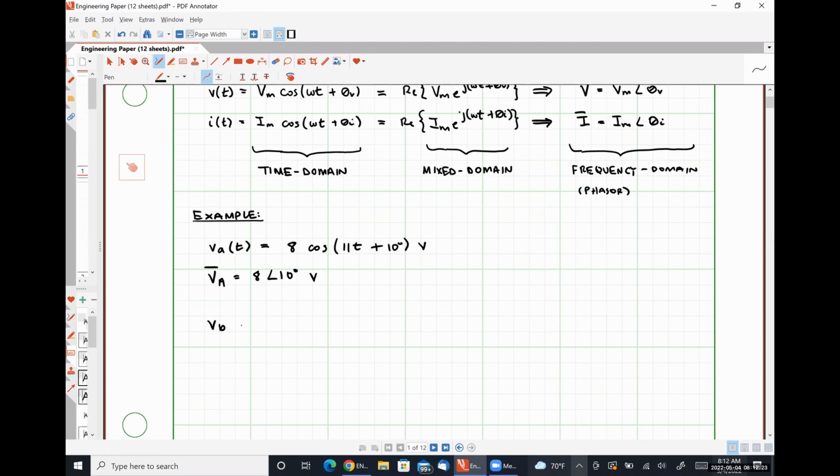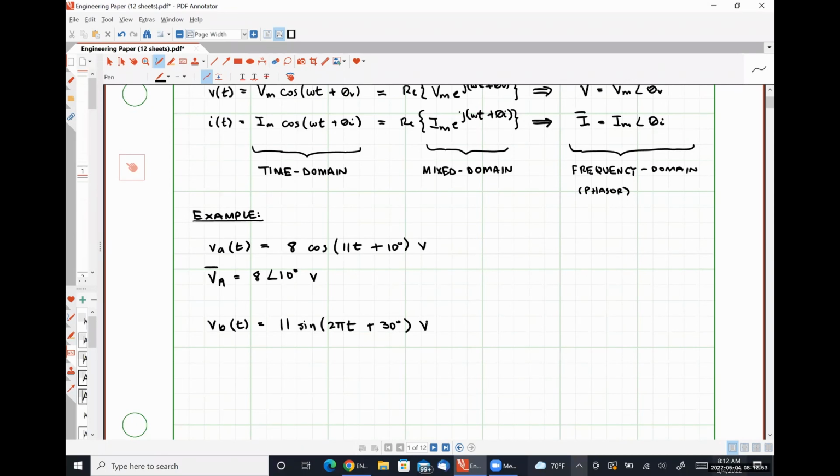Now, let's complicate things ever so slightly. Let's say that we have VB is equal to 11 sine(2 pi t plus 30 degrees).